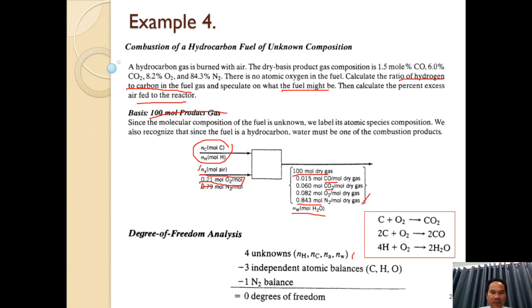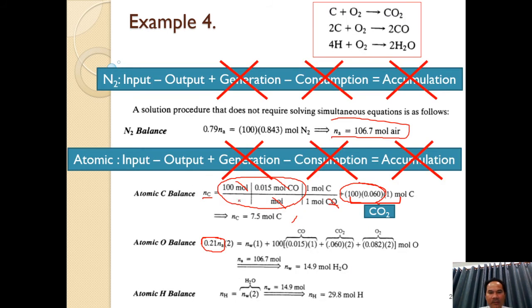Multiplied by 2. What is 2? 2 is 2 mole atomic oxygen per 1 mole gas oxygen. This equals water, CO, CO2, and oxygen.